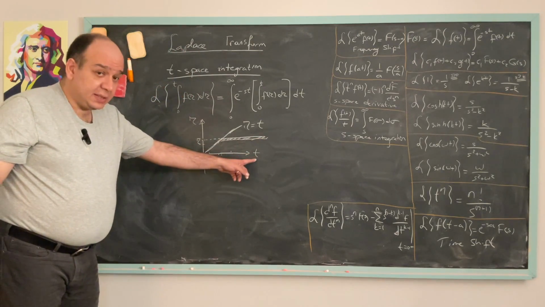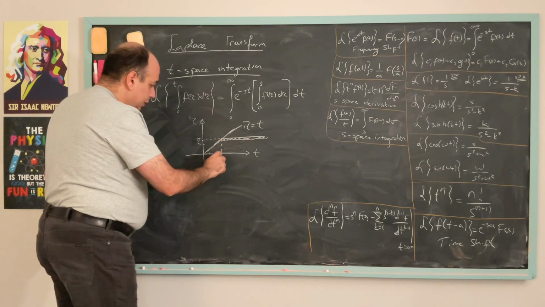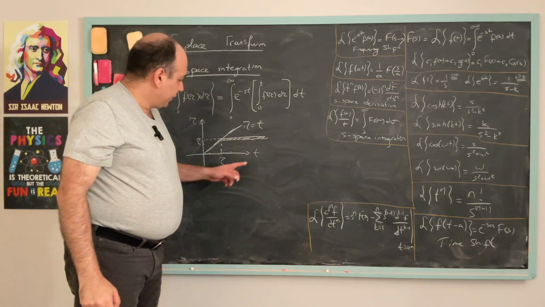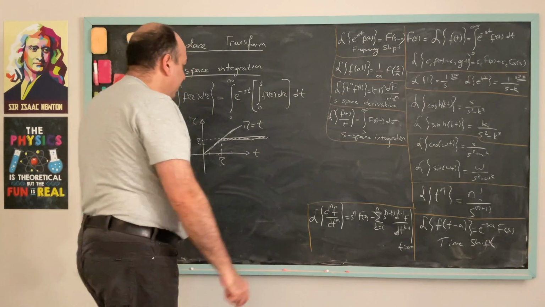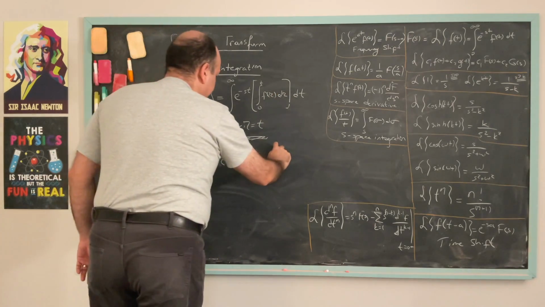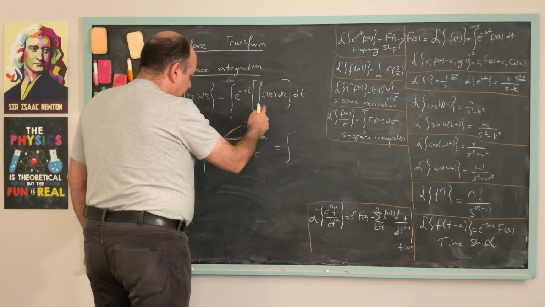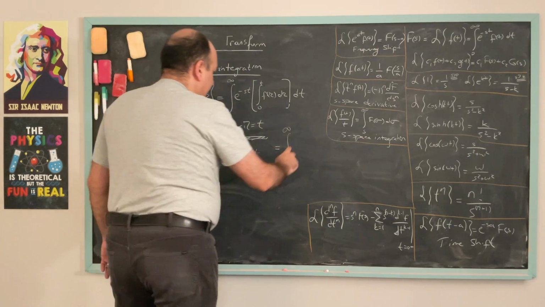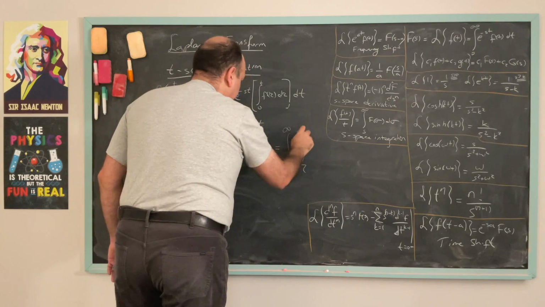So for the t integral, the values of t, this value is also tau, right? So the lower limit for t becomes tau, and it runs all the way to infinity. So when I switch this order, what I get is the integral where tau runs from 0 to infinity, and then I have the t integral, which runs from tau to infinity.